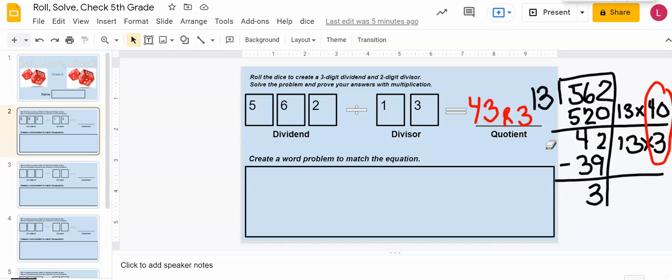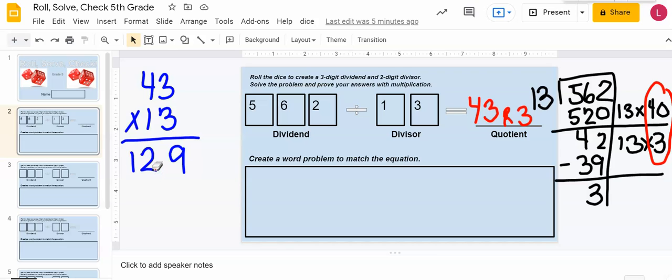If the quotient is 43 with a remainder of 3, then I can take 43 and multiply it by the divisor, and then we'll add our remainder at the end. 3 times 3 is 9. 3 times 4 is 12, so 3 times 40 is 120.